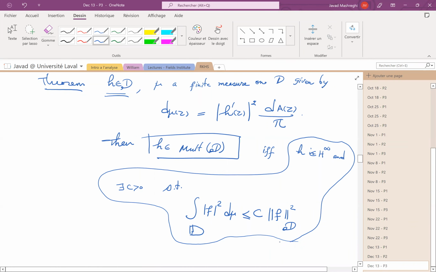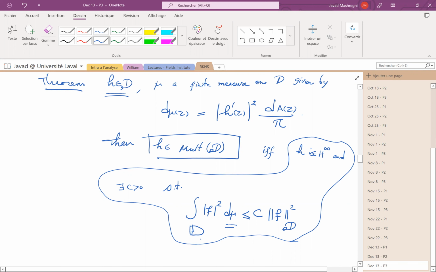So we have a characterization for multipliers, and even though it sounds a bit strange, I give the proof, and when you look at the proof, you see that this is just a reformulation of the problem. It's not a solution to the problem, but still it's good, because then we go and seek which measures satisfy this property independent of thinking about multipliers. These are called the Carleson measures for the Dirichlet space.